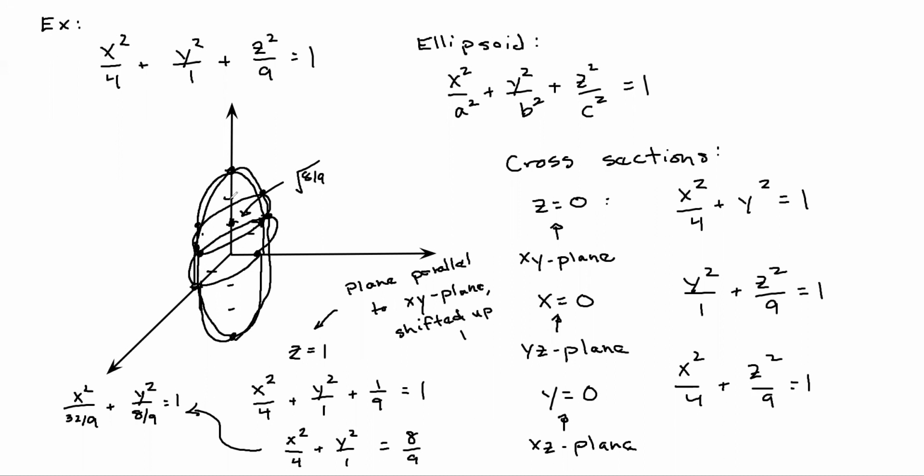You could go through and do the same thing here at z equals 2. Whatever equation you end up getting, if you go in the y direction, you're going to hit the curve here, negative y here, x here, negative x here, and you'll get another cross section that looks like that. And you can go through and generate cross sections up and down the object.